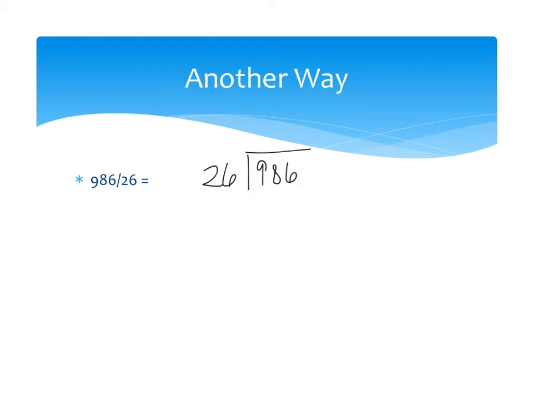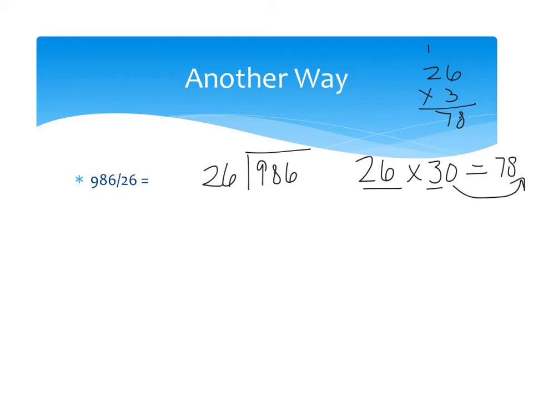But this time, let's say I had started with 30. 26 times 30. Well, 26 times 3 is 78. So 26 times 3 is 78. And I bring over my 0. I could start with 30 instead of 20 and subtract 780 here.